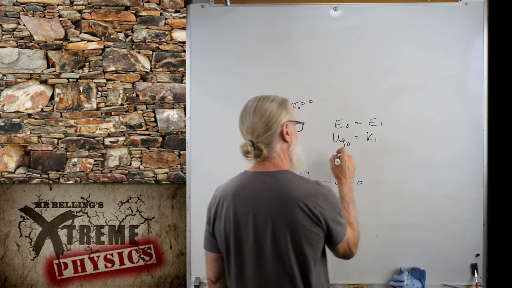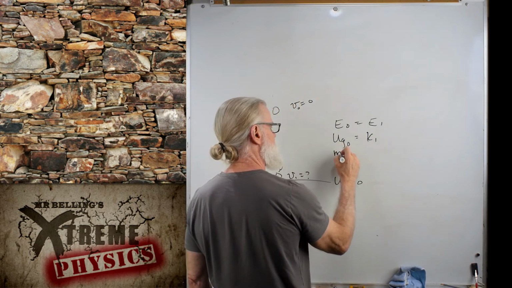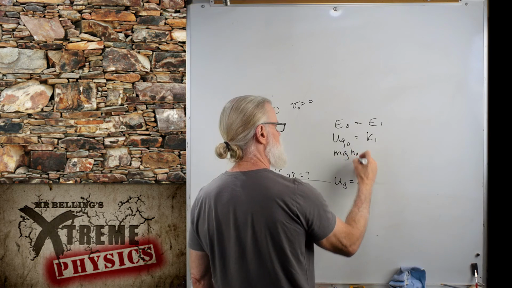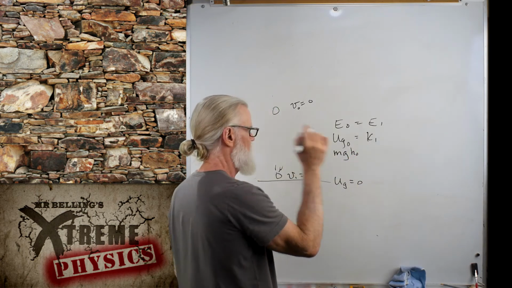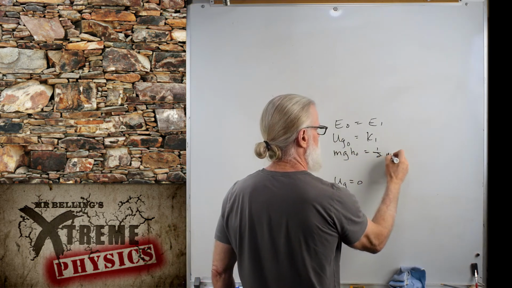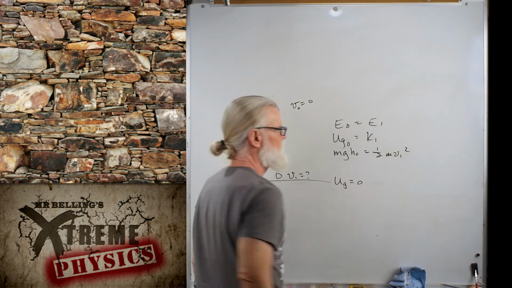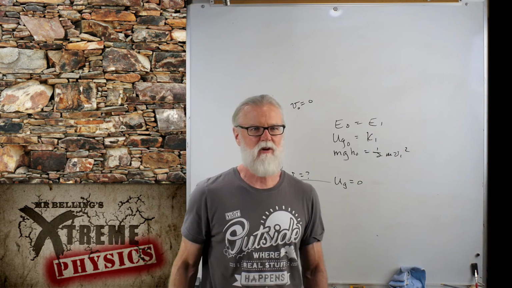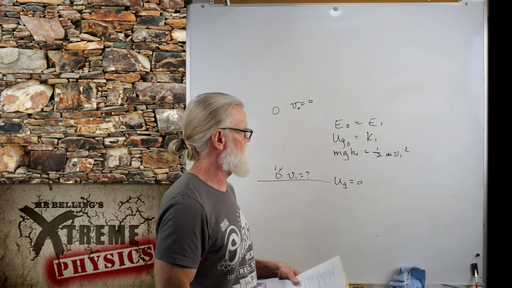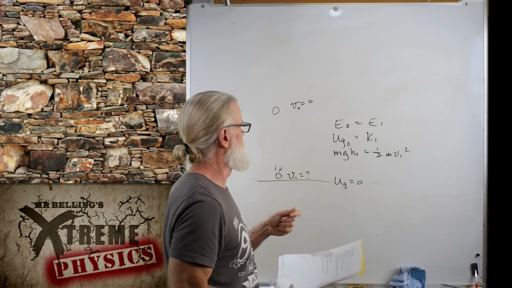So the gravitational potential energy mgh0 equals 1/2 mv1 squared. That worked out nicely. We could easily calculate the speed of this object as it fell.